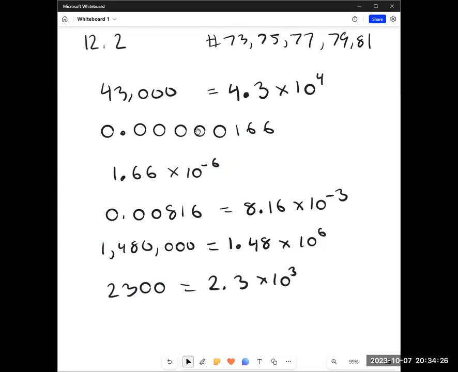So this is 1.66 millionths, which is 10 to the negative sixth, and so on. Ten-thousands is times 10 to the fourth. You get the idea. So you may be able to see what we call the order of magnitude, how large the number is, by seeing the power of 10 that's here.